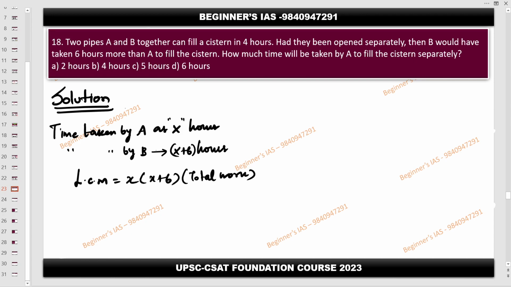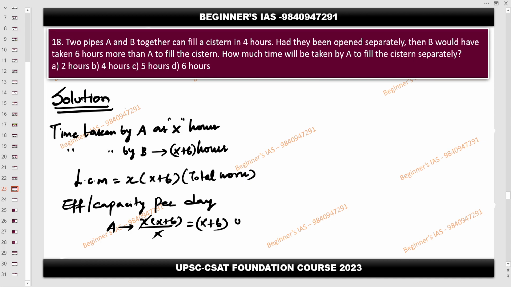After finding the total work, find out the efficiency or capacity per day. So A's capacity is equal to total work, X into X plus 6, divided by the time taken by A, X hours. So X and X cancel here, which is equal to X plus 6 units per day.